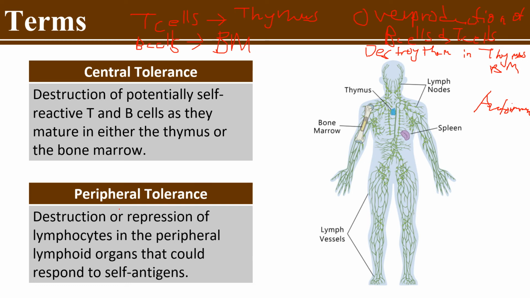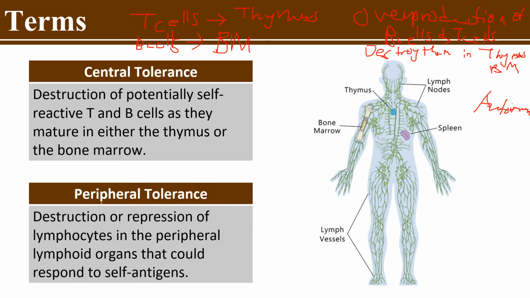While your peripheral tolerance, class, would refer to the destruction or repression of your lymphocytes in the peripheral lymphoid organs that could respond to self-antigens. So let's say, class, that certain B cells and T cells were already released, but they are still overproduced and are overactive.